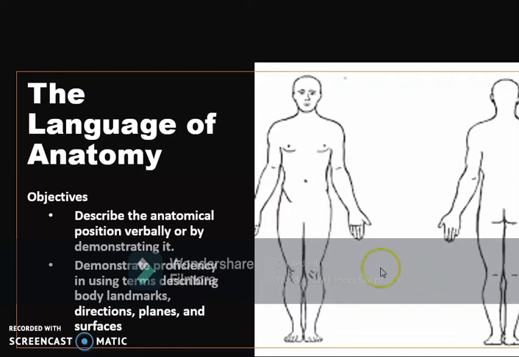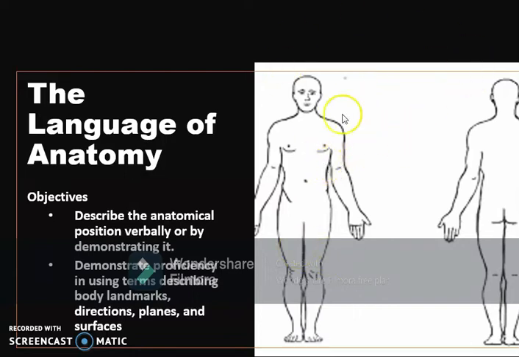So we have here an example of anatomical position. When we say anatomical position, this is a reference position that allows for the use of consistent directional terminology. All descriptions of locations are made from within anatomical position.